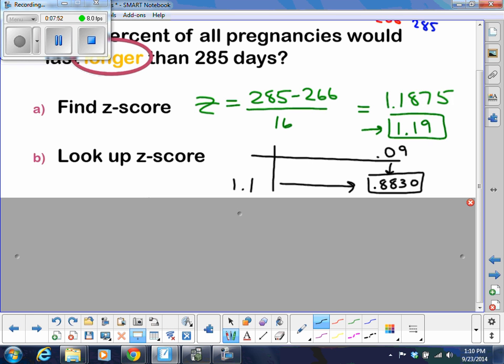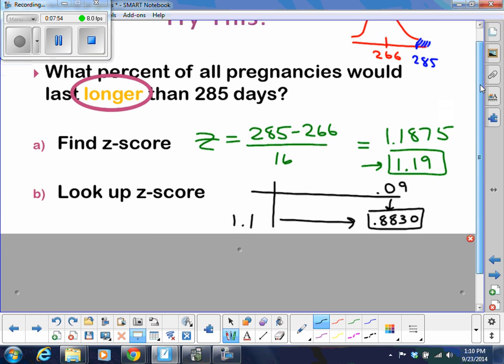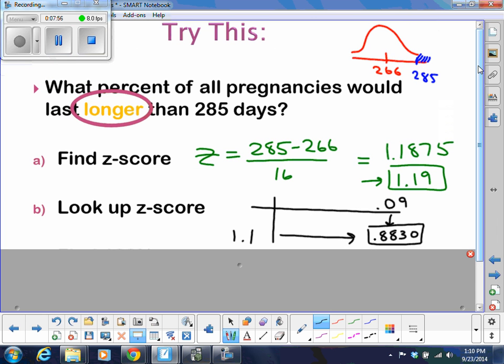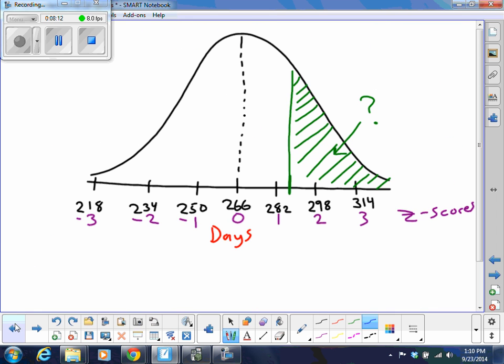Now let's go to our picture here. Does 88% seem to make sense for our blue shaded region up there? Probably doesn't. And the reason it doesn't is that the table always tells you how much area is to the left of your value. So again, let me go back to the big picture.